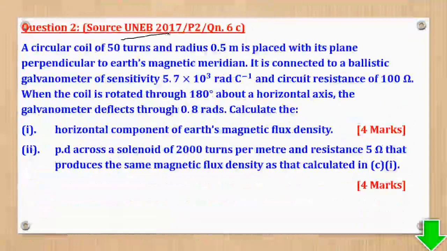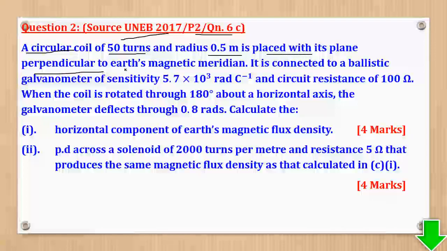Then question 2 came from UNEB 2017 paper 2 question 6C, and it says a circular coil of 50 turns and radius 0.5 meters is placed with its plane perpendicular to the Earth's magnetic meridian. It is connected to a ballistic galvanometer of a given sensitivity in rads per coulomb and circuit resistance of 100 ohm.